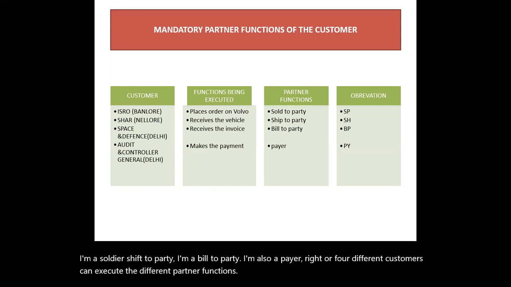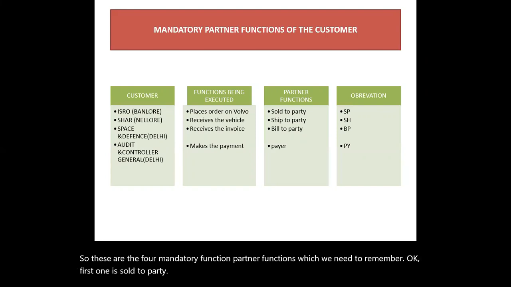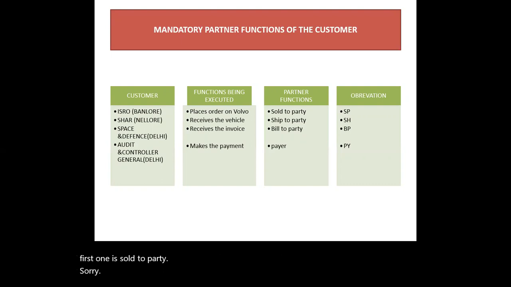So these are the 4 mandatory partner functions which we need to remember. The first one is sold to party, the person who is going to place the order.